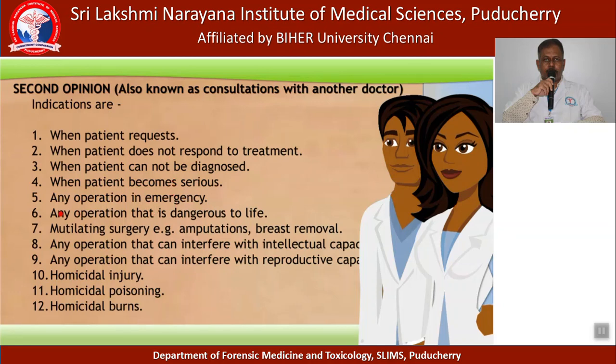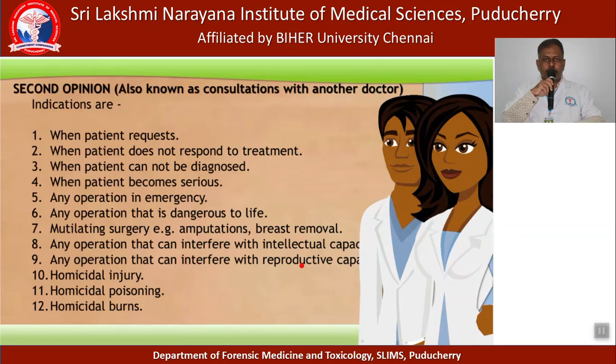Take another consultation for any operation in an emergency. In an emergency the patient may be unconscious and operation has to be done with no relatives there, so collect a consultation. Also for any operation that is dangerous to life, or mutilating surgery such as amputation or breast removal. Any operation that can interfere with intellectual capacity, such as surgery on the brain, skull or its contents.